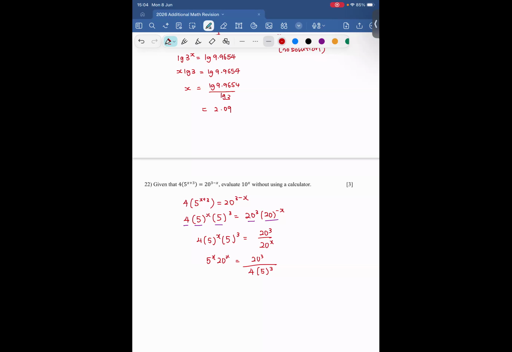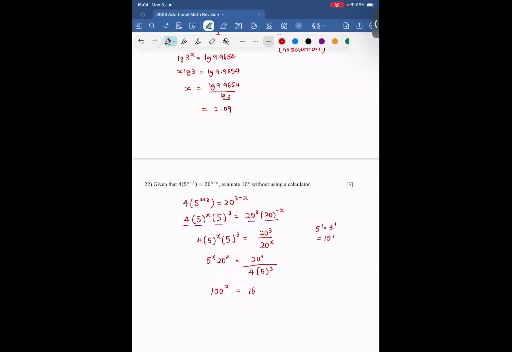Then what do you do when the power is the same? It's just like 5 power 1 times 3 power 1, you get 15 power 1. So 5 to power x times 20 power x will just give you 100 power x. For this part, you just press your calculator. You will get 16.